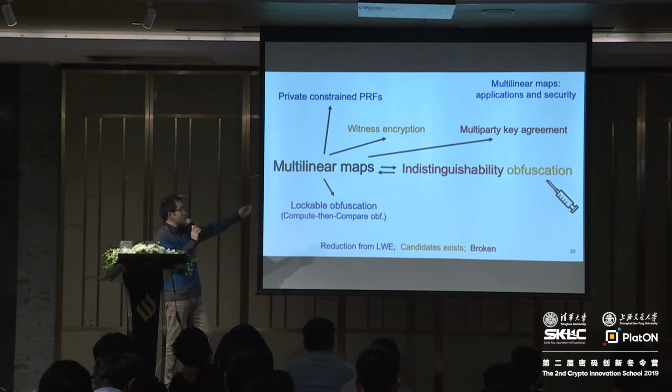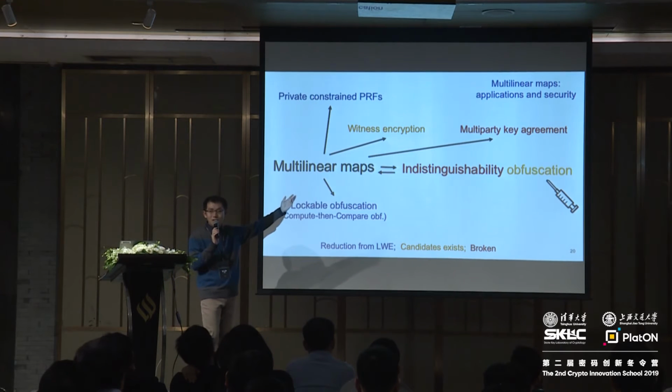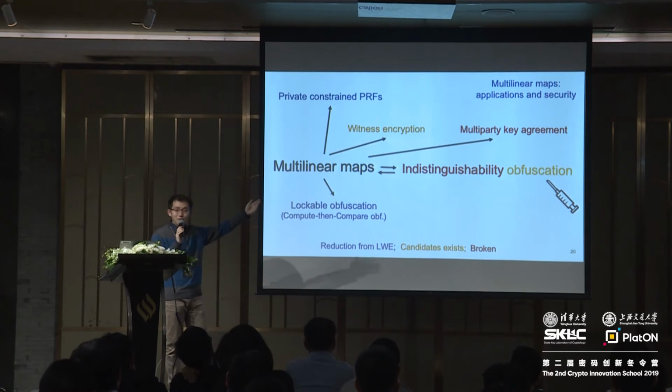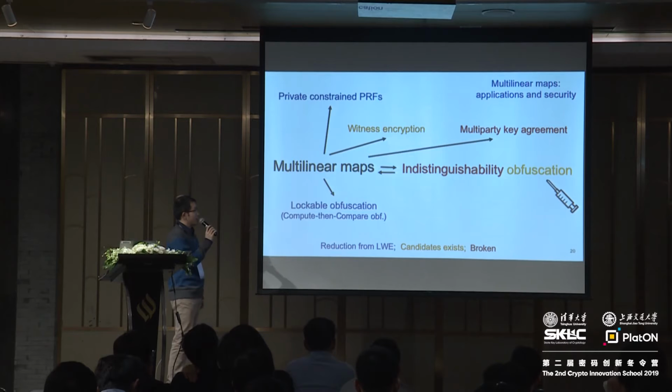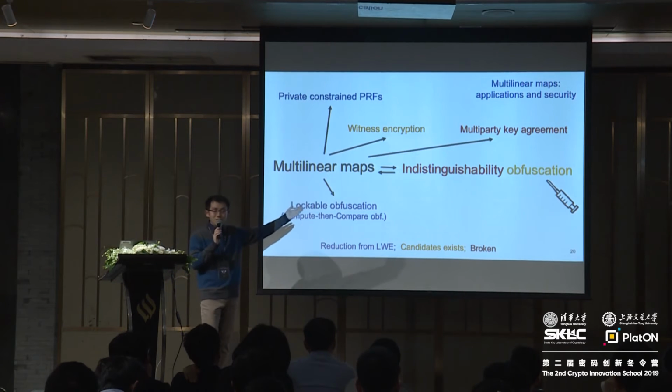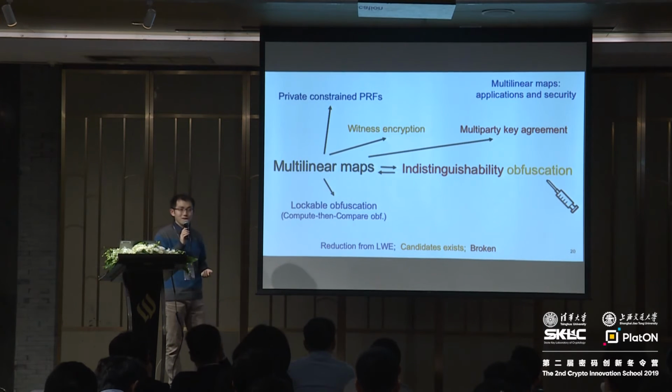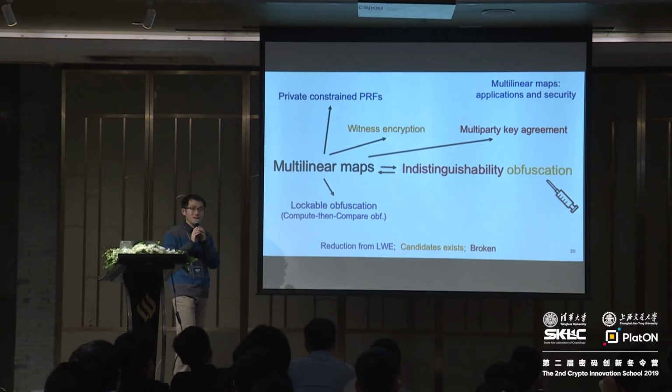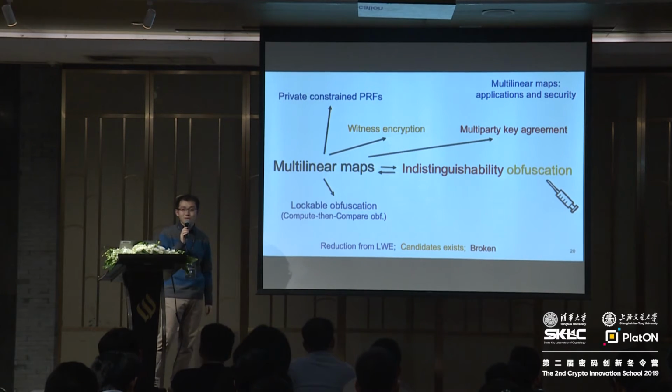For multi-party key agreement, almost all candidates are broken, except very few very complicated ones, which are almost as complicated as I/O itself. And for I/O, some of them are broken, some are not. I put an extra dotted line there because right now there are also many proposals for building I/O from trilinear, low-degree linear maps plus functional encryption, because they give up using multilinear maps directly.